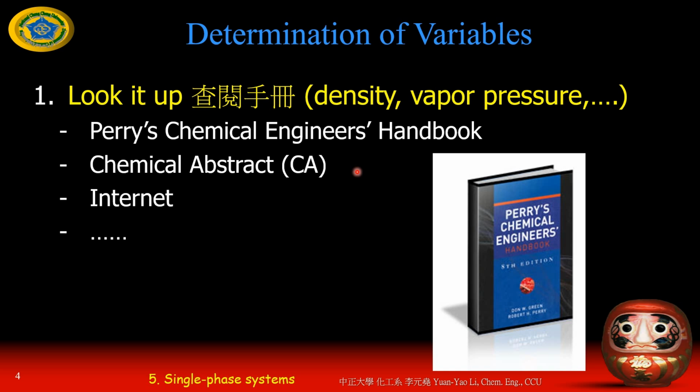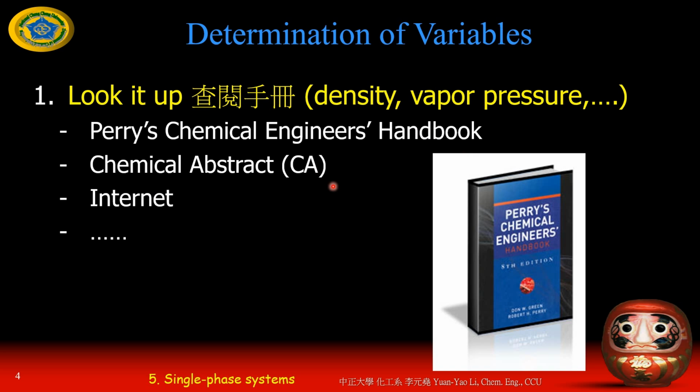Or when I was a student, I went to the library to check Chemical Abstracts. There are hundreds of books of the Chemical Abstracts, and you need to find out the information you want. But now, as students, you don't need to get this handbook or go to the library to find the answers in the Chemical Abstracts.